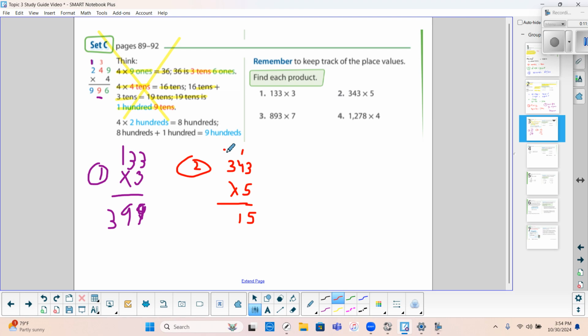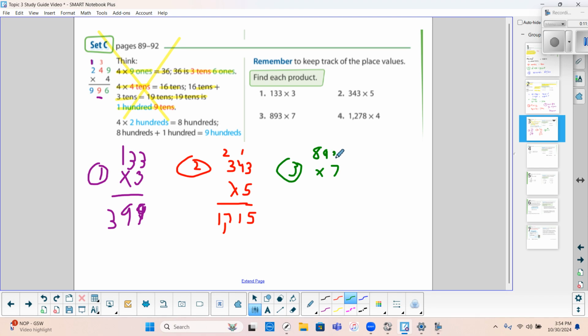So put the 1 down there and the 2 up there. 5 times 3 is 15, plus 2 is 17, or 1,715.